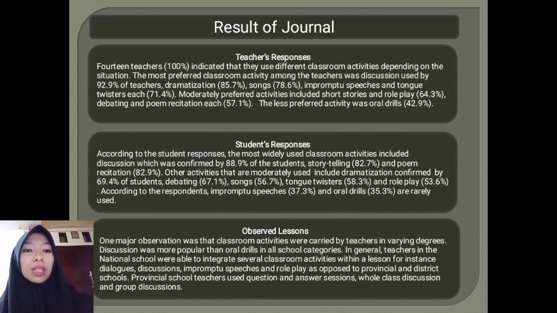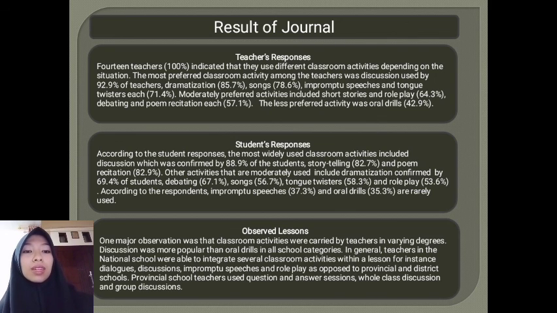Okay, for the second point is student responses. According to the student responses, the most widely used classroom activities include discussion, which was confirmed by 88.9% of students, storytelling 82.7%, and reading poems about 82.9%. Other activities that are moderately used include dramatization, confirmed by 69.4% of students.